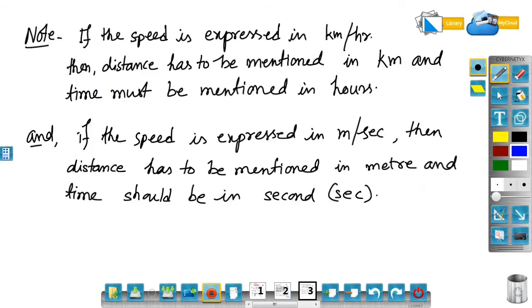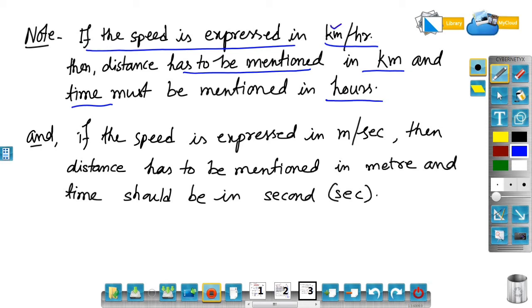Now, note that if the speed is expressed in kilometer per hour, then the distance has to be measured in kilometer and time must be in hours. That means kilometer is the distance, hour is the time taken.